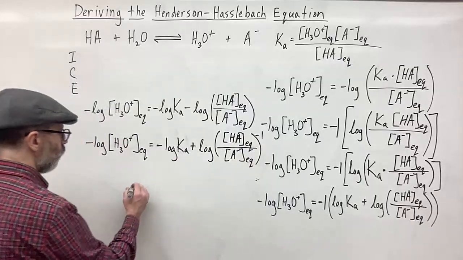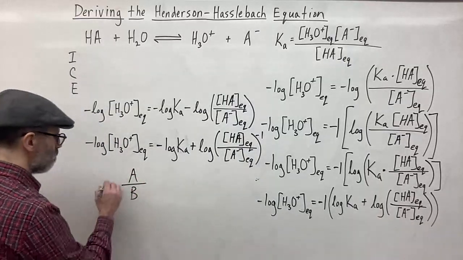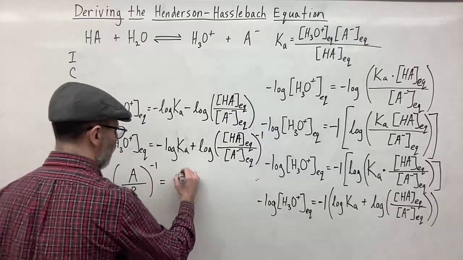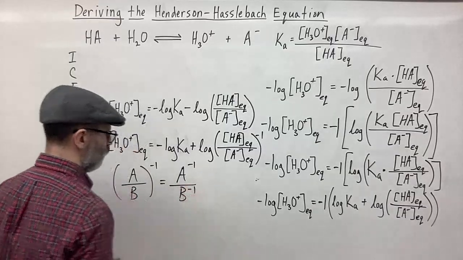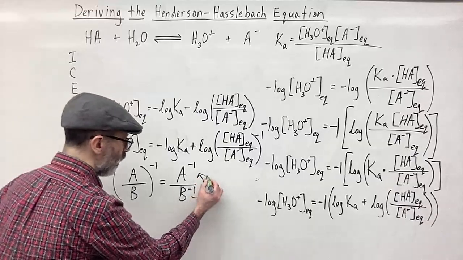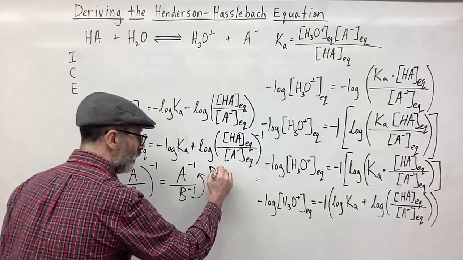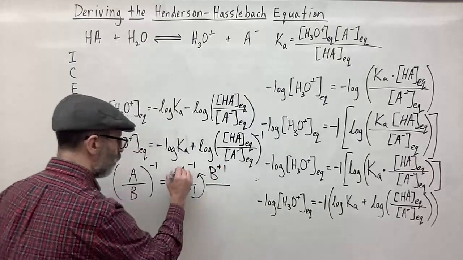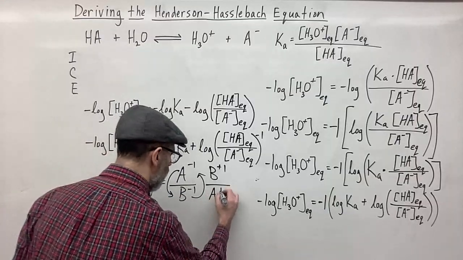So what I'm saying is, if I have A over B to the power of -1, that's the same as having A to the -1 and B to the -1. If I bring this up to the top, it becomes B to the +1, and if I bring this to the bottom, it becomes A to the +1.